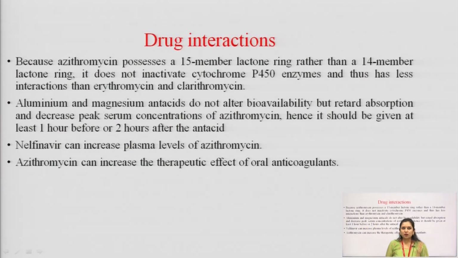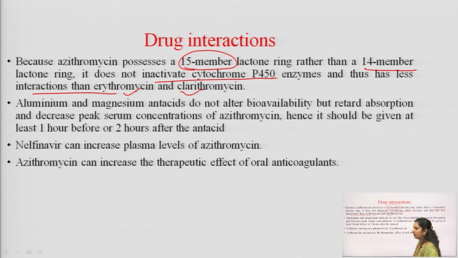If we talk about drug interaction, azithromycin के अंदर हमने देखा they have a 15 membered lactone ring, whereas erythromycin and clarithromycin have a 14 membered ring. So, it does not activate cytochrome P450 and thus it has less interaction than erythromycin and clarithromycin.